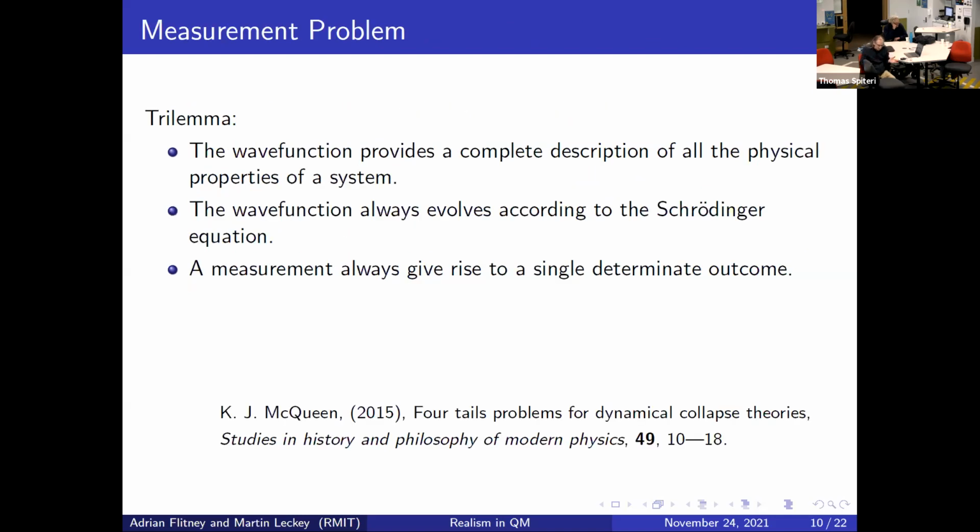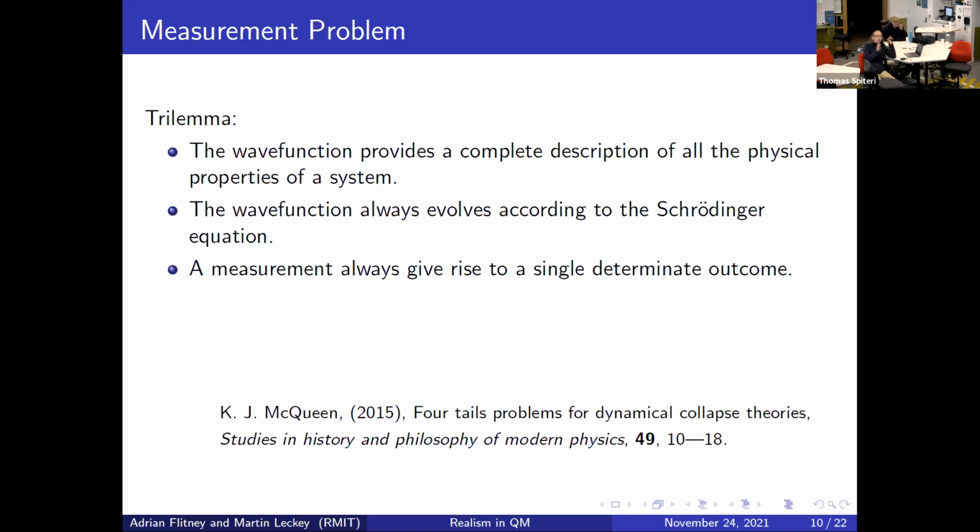Now, the measurement problem. Anyone who has more than a passing interest in quantum mechanics will have come across the measurement problem, and there are as many descriptions of this as there are quantum physicists, but I'm going with McQueen's description of the measurement problem as a trilemma. So we have these three statements. The wave function is a complete description of the physical properties of a system. The wave function always evolves according to the Schrodinger equation.